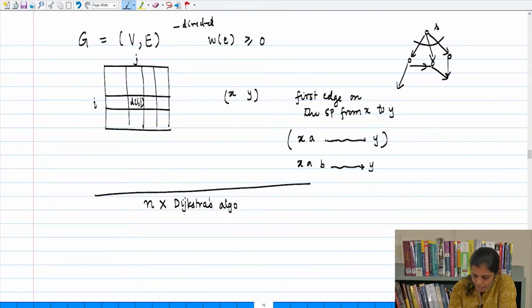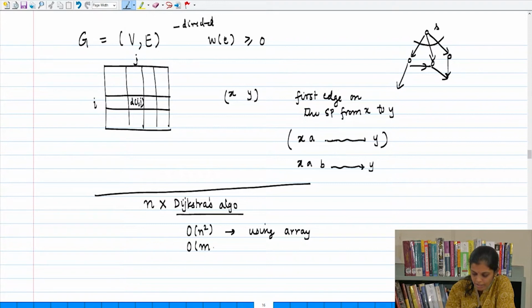And I leave this unspecified because Dijkstra's algorithm can be implemented using various data structures. If Dijkstra's algorithm is implemented using simple arrays, you get an order n squared running time. If you implement it using simple binary heaps, you get a running time which is m plus n times log n.